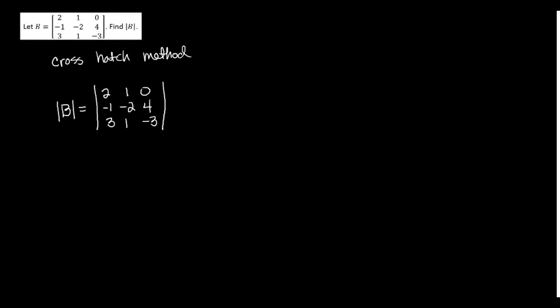And what we'll do is append on the first two columns, 2, -1, 3, 1, -2, and 1. And this is where it's similar to the 2 by 2. We're going to take the three main columns and multiply them together.